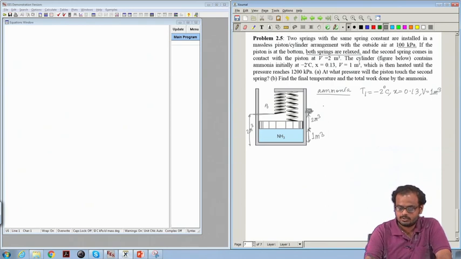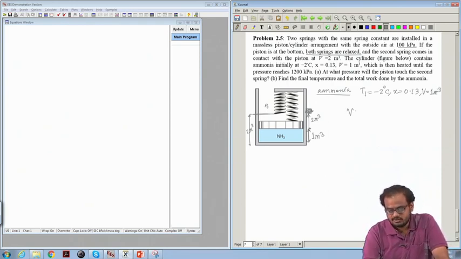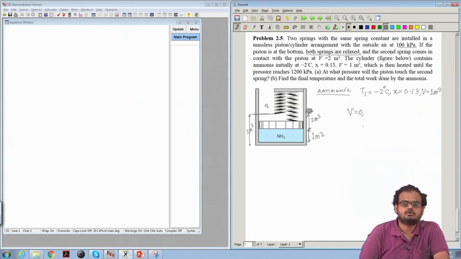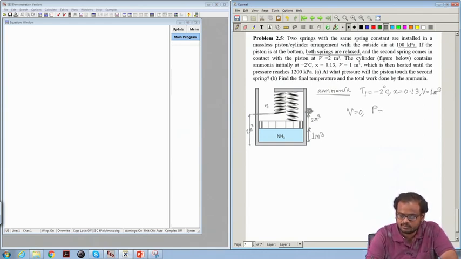So, when the piston is at the bottom, when V is equal to 0, the spring is relaxed. There is no Kx by the spring. When the piston is at the bottom, the only pressure that acts is the 100 kilopascal.